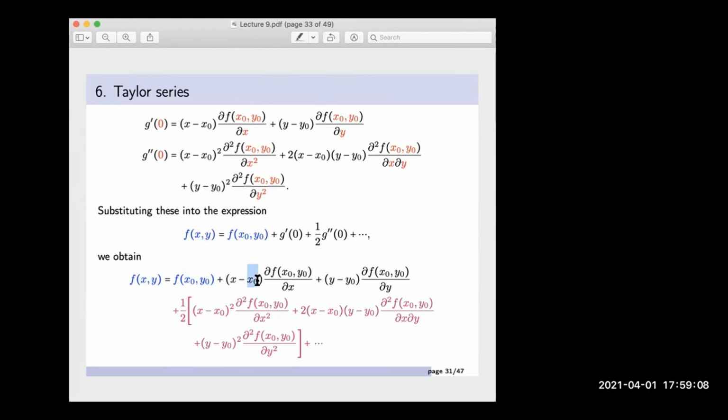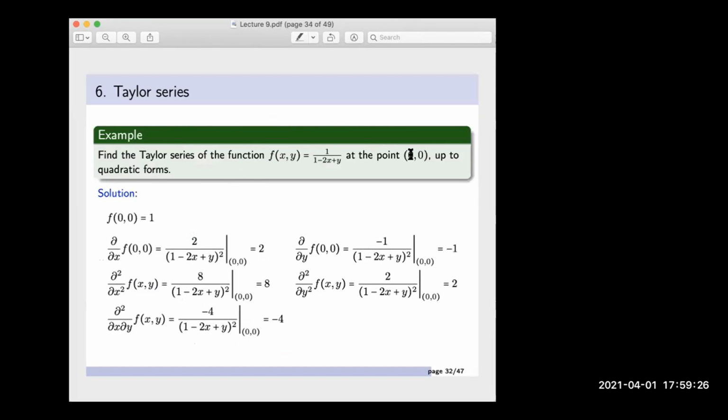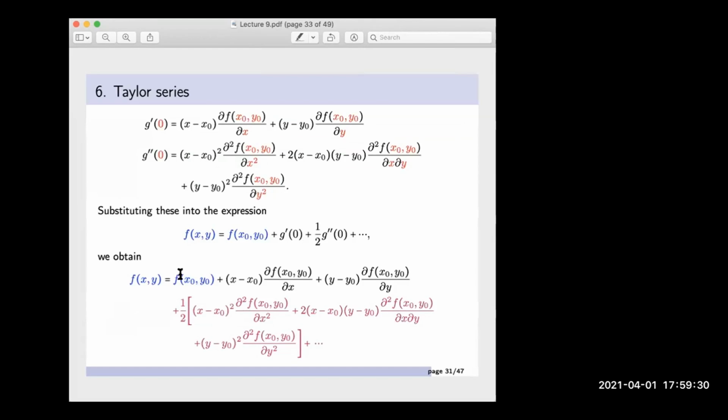So you don't have x0 or y0 here. What you would have is x, y, x squared, xy, and y squared, because x0 and y0 are both 0. So that's what we mean by Taylor series at this point.